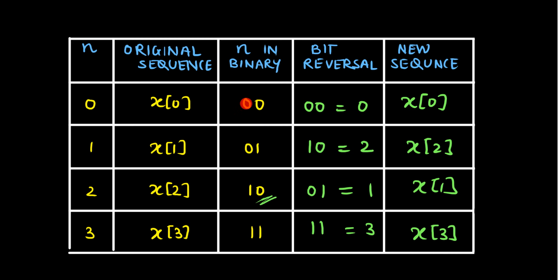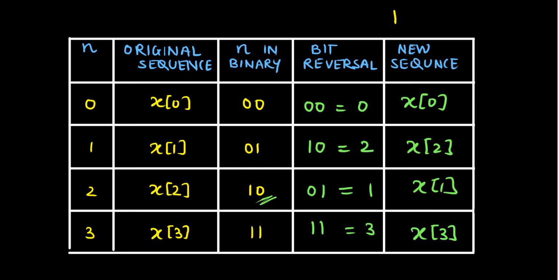Now if we need to have this binary form, then we would require some number of bits, which means the number of bits considered would be like 1 bit, 2 bit or 3 bit, and depending on that the value of n would be changing.